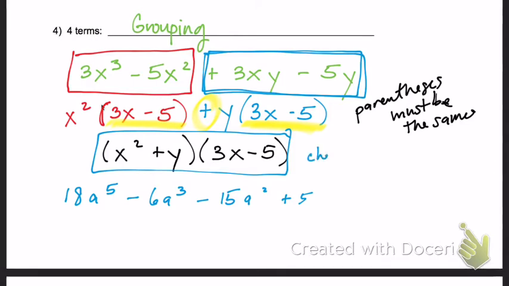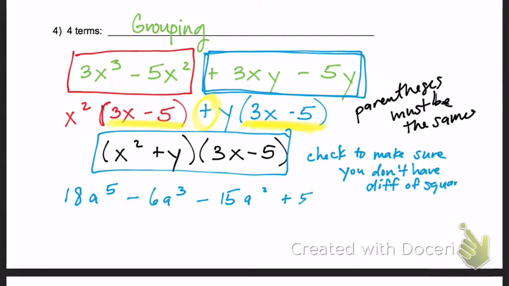So check to make sure you don't have, I'll show you an example. Let's say my answer were x squared minus 9, times 3x minus 5.